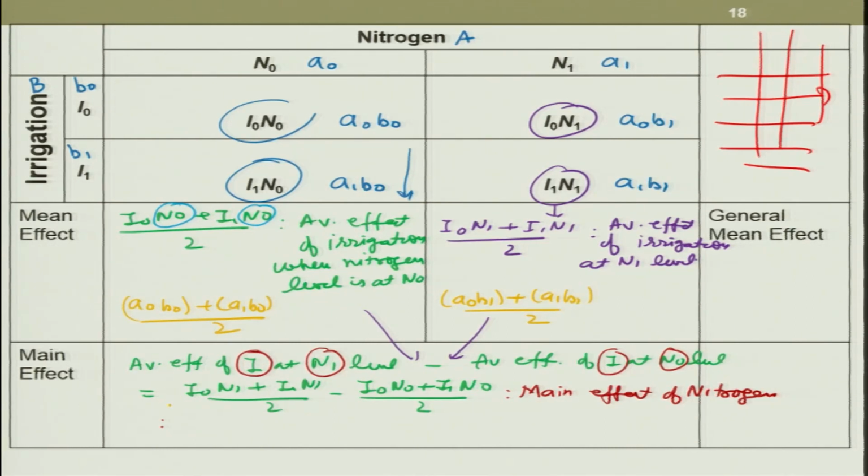If you take the difference, you can find out the main effect. This will become A0 B1 plus A1 B1 minus A0 B0 minus A1 B0 divided by 2, and this is nothing but your main effect of A.